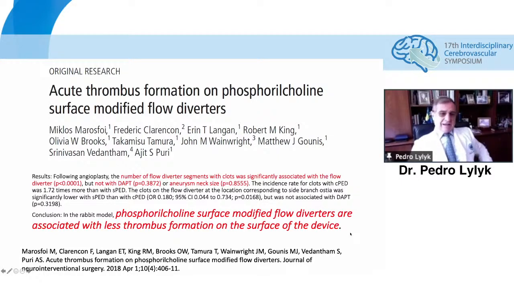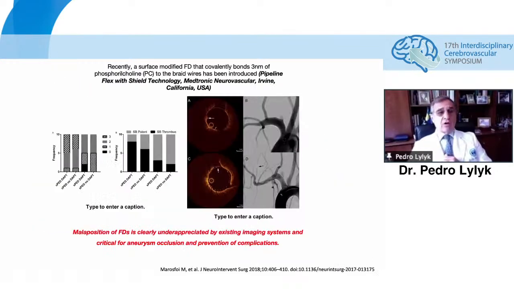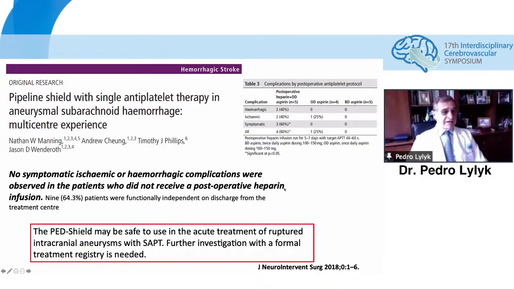You have to use an intravascular imaging device to see if you have thrombus or not. That was accomplished in a very nice, elegant way by Matthew's group. You see how nicely the device is apposed all around, and also you see there is no thrombus formation, and there is very nice healing of the aneurysm. So those were very nice papers.